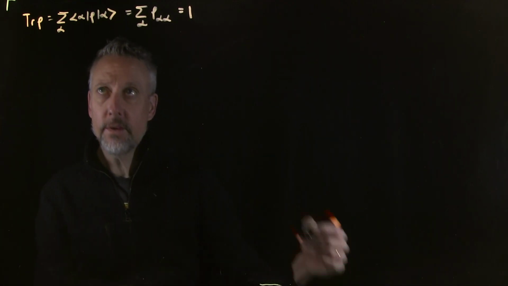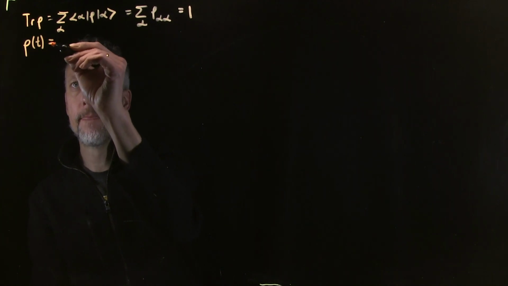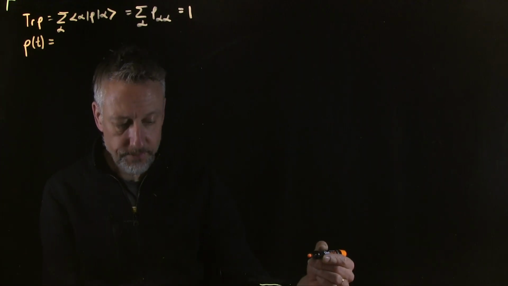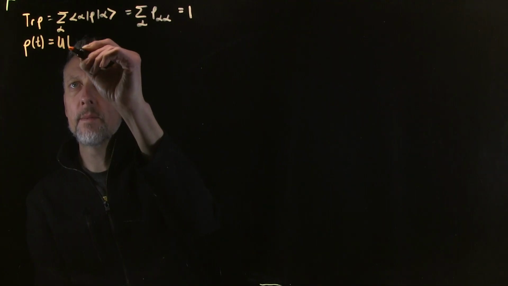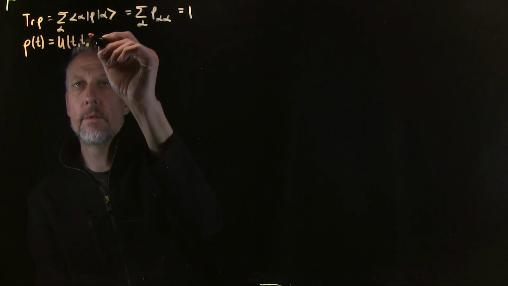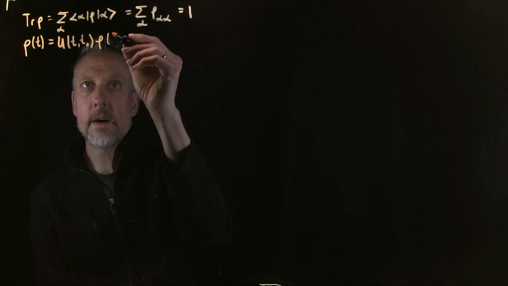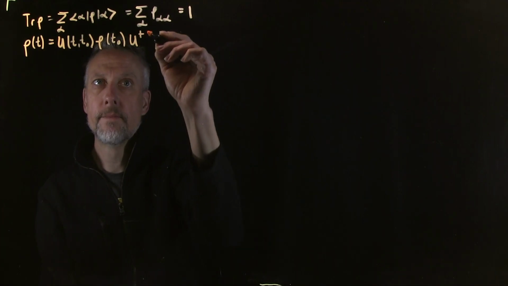One thing that we learned about the density operator is that we can write it down as a function of time. Provided that it obeys the Schrodinger equation, or the Liouville equation, there's a time evolution operator which brings the initial density, rho of t naught, to the value it will be at t.